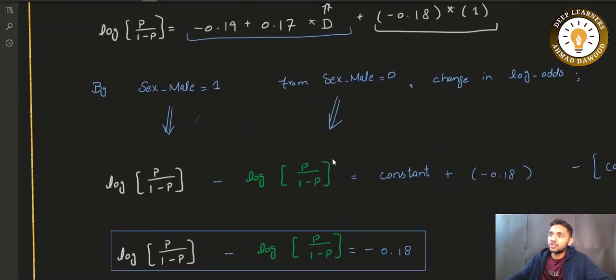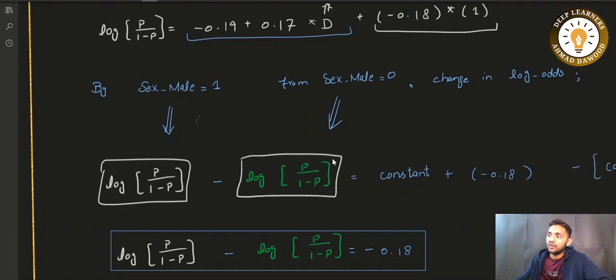This is the log odds when male is equal to 1, and this is when male is equal to 0. In other words, this is the case when your customer is male, and this is the case when your customer is female.